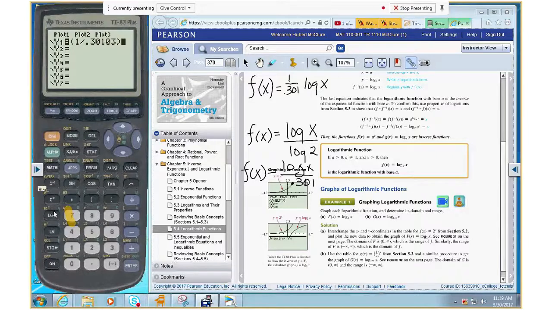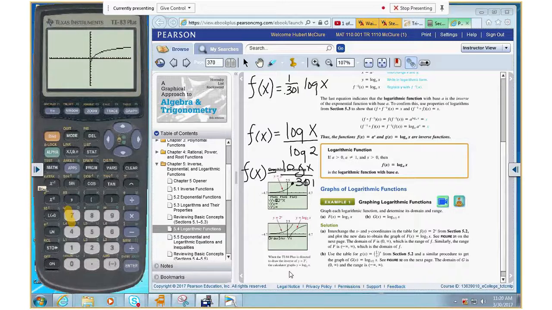And then log of x. Close parentheses. Okay, so you're going to get that no matter how you plug it in. Now, if you plug in the log of x over the log of 2, it will be rounded a little bit more. See there? There it is up there.